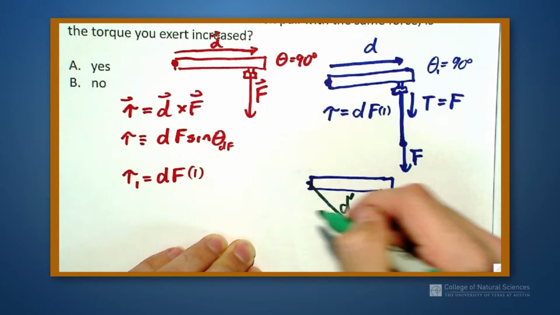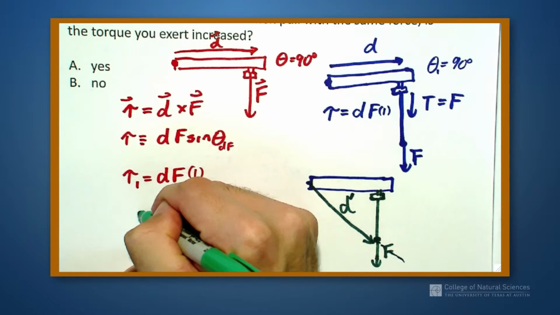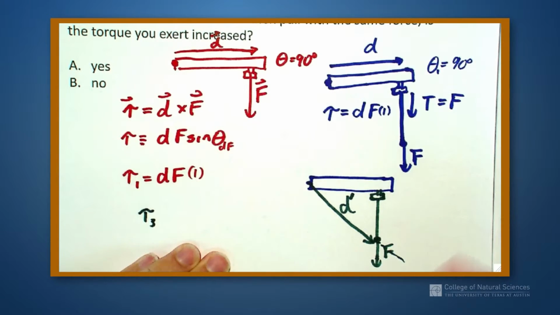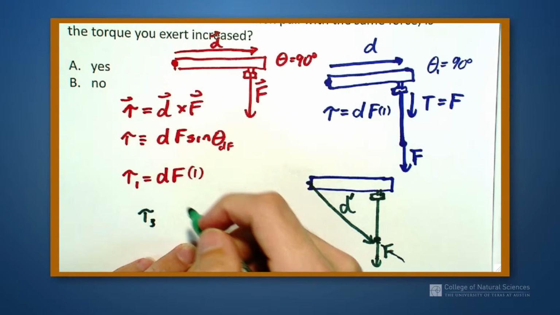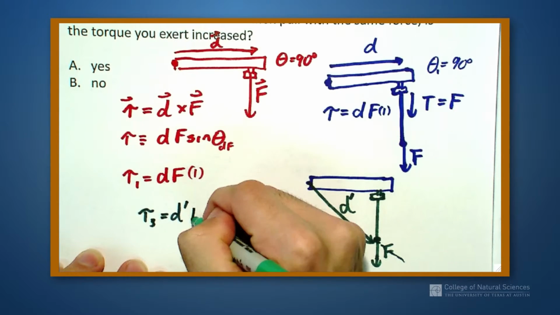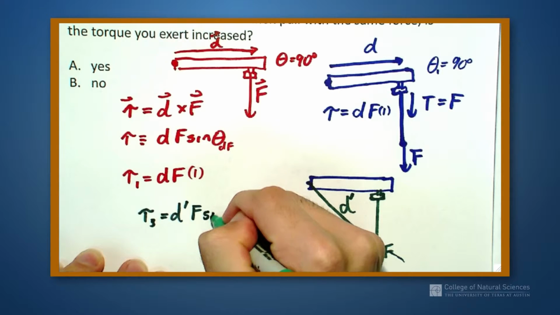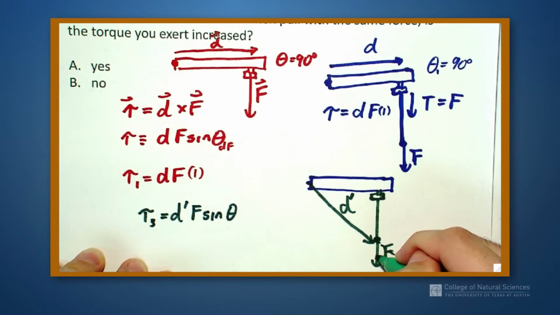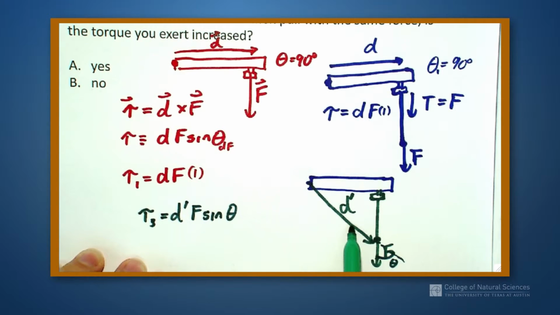Because I know that my torque in this case, my third torque case, is going to be equal to d prime, the magnitude of the force, times the sine of the angle that I get. And this is the angle that I have. It's the angle between the displacement vector, or continuing a line out, and the force vector. So it measures from here to there.